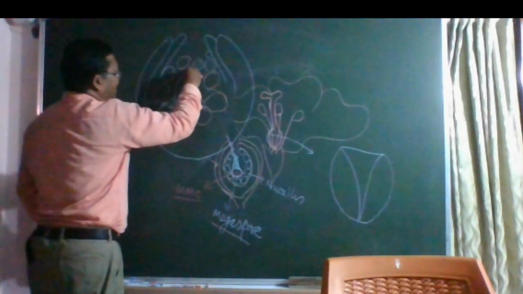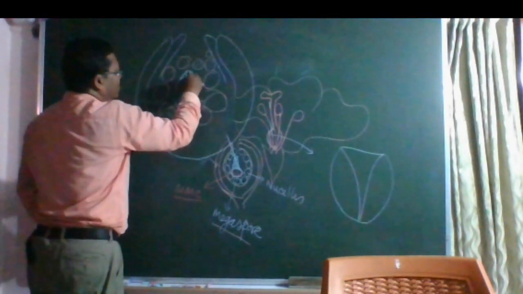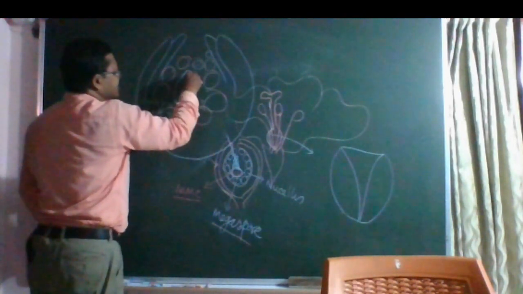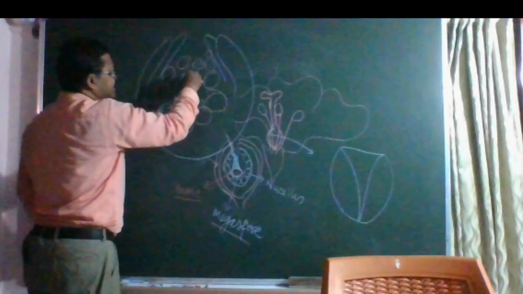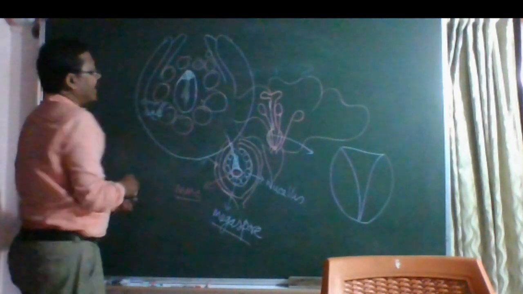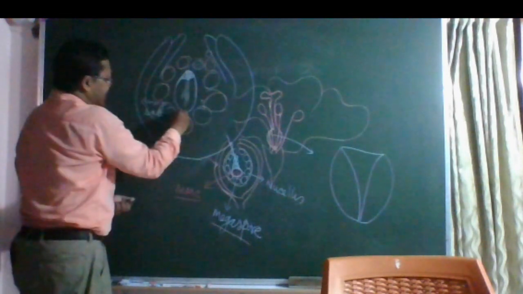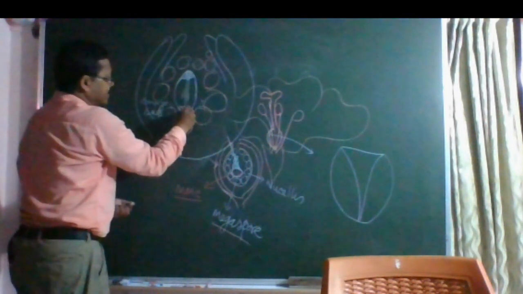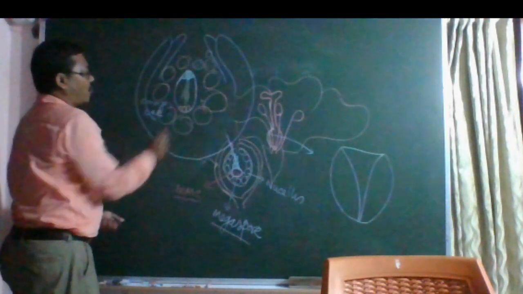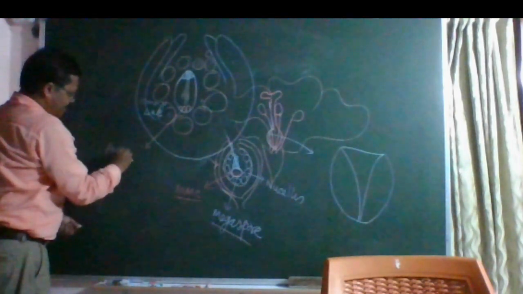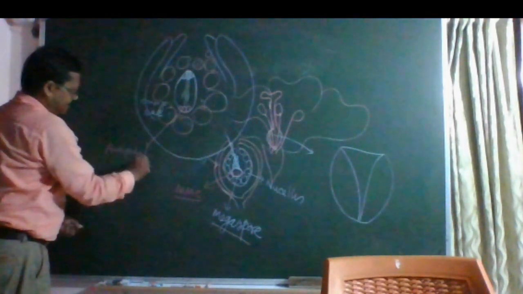These nuclei are arranged in a special manner. One is the one large cell and 2 small cells. These 2 cells are called the synergids, and the large cell is called egg. This is called egg. At the opposite end, another 3 cells are present. These 3 cells are called antipodal cells.